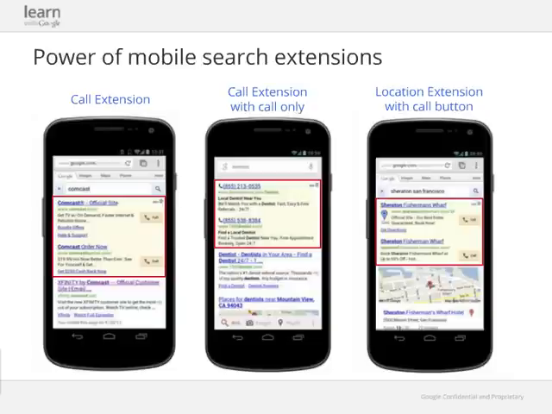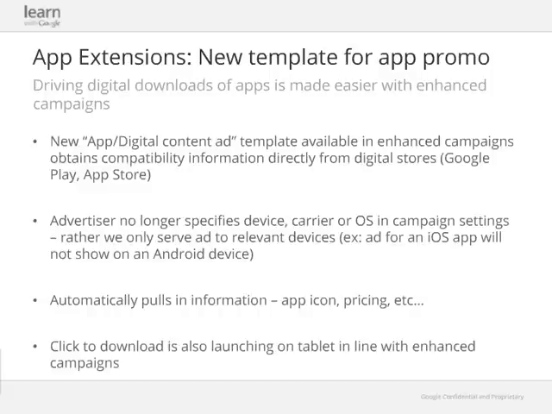Okay, going really quickly to ad extensions. This is a new template for ad promotion. We have significantly upgraded the click to download functionality and created a content ad template in Enhanced Campaigns. The big news is you can obtain information directly from digital stores like Google Play and the iTunes App Store.